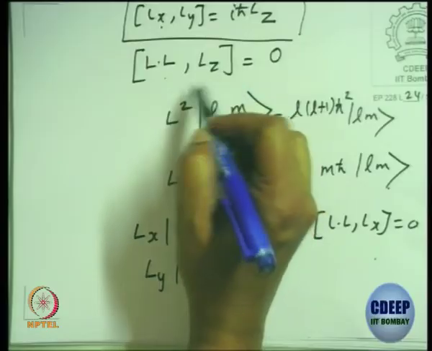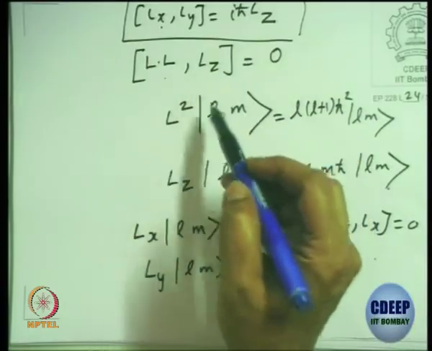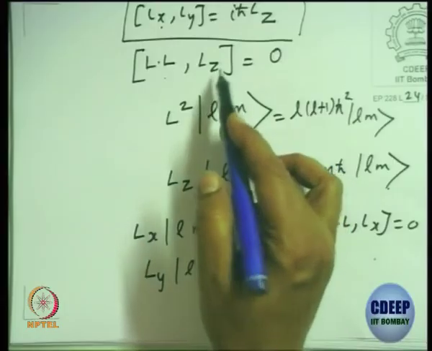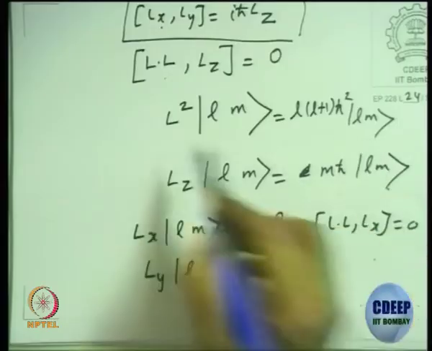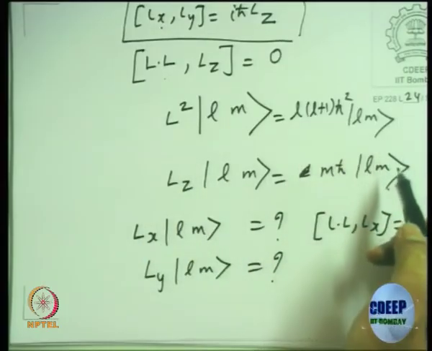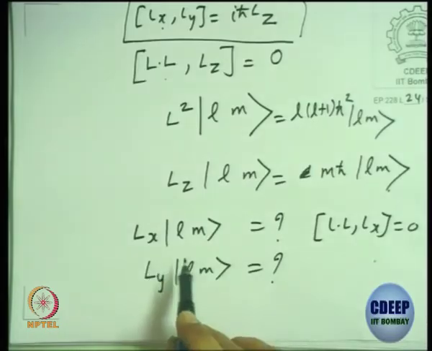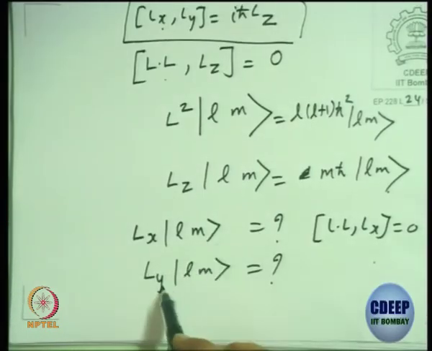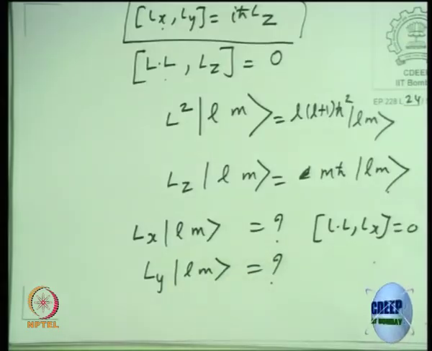For convention, we are going to take it with respect to Lz, and we write the state to be a simultaneous eigenstate of Lz and L·L, and these are the eigenvalue equations, with eigenvalues which we have seen when we discussed the hydrogen atom. And the questions we should ask are how Lx operates on |l m>, and similarly how Ly operates on |l m>. Okay, what do we get? These are the questions which you would like to know.